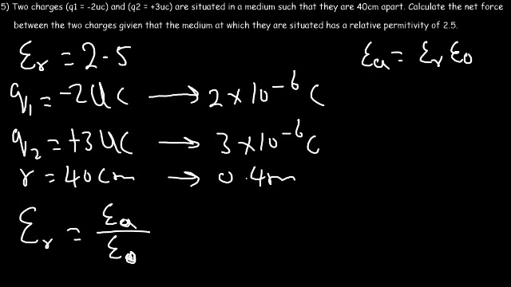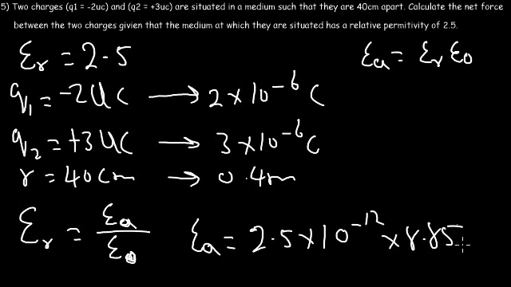So the absolute permittivity will be equal to 2.5 times 8.85 times 10 raised to the negative 12. Let me type that into my calculator. So that's 2.2 times 10 raised to the minus 11 if you type that properly, so that's the absolute permittivity.